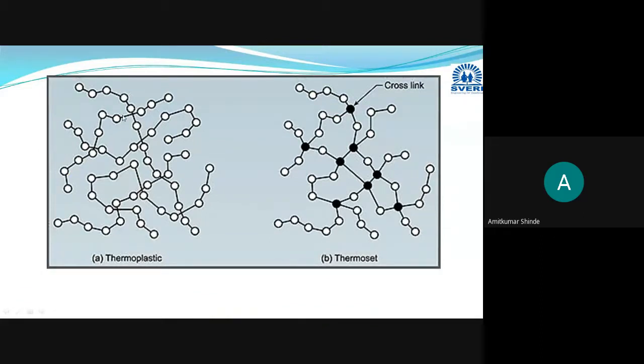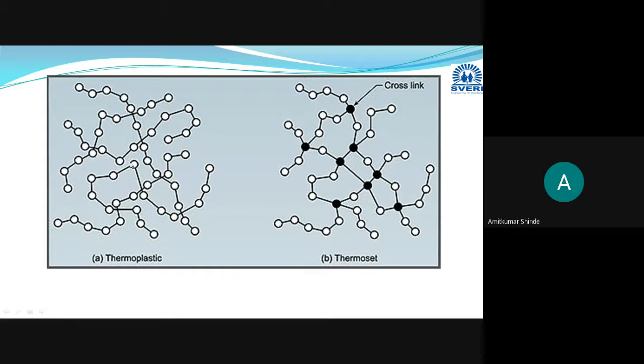On the left side of your screen, where I am showing the cursor, this is the thermoplastic material. And this is the thermoset material. What is the basic difference here? You can say that cross link is there in the thermosets, and here cross link is absent.